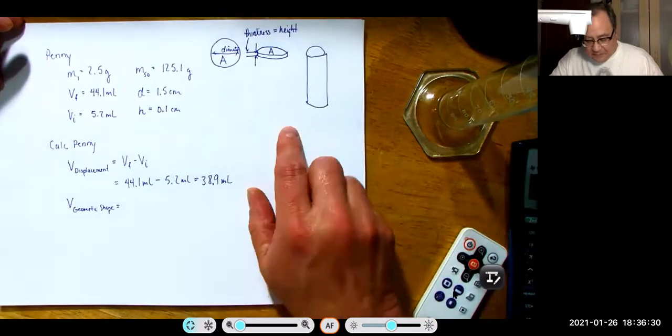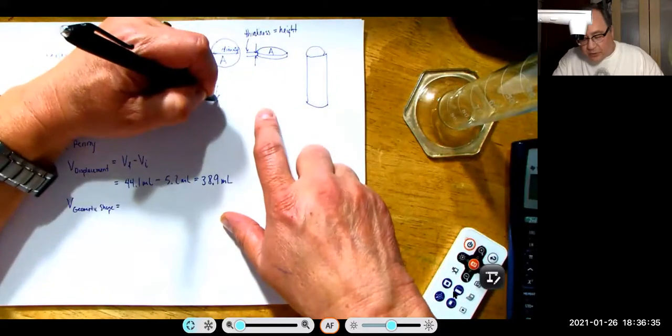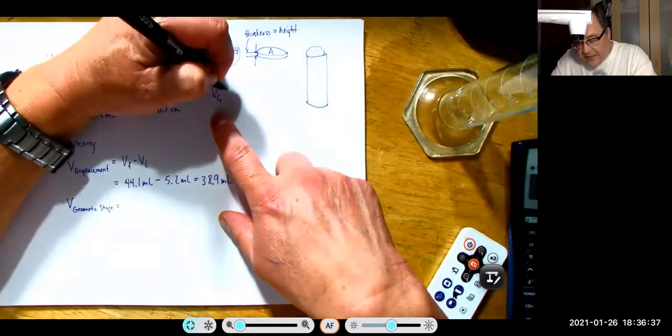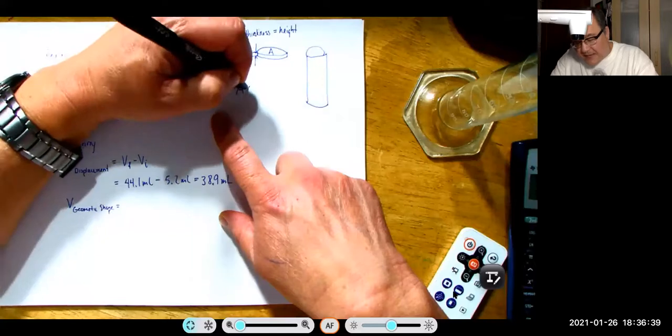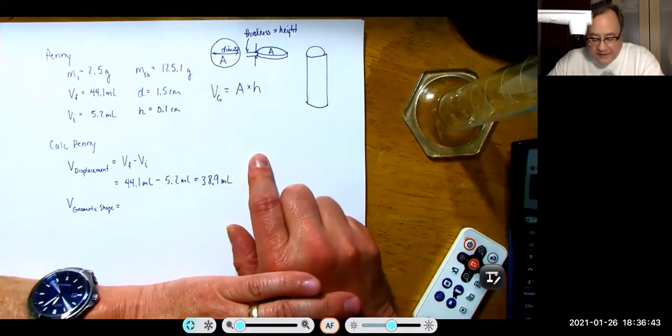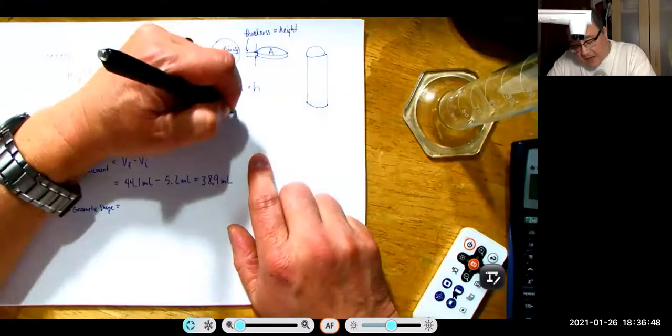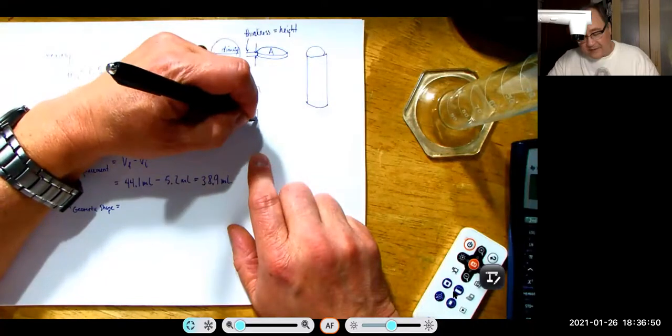All right, so to get the volume by geometry, you take the area and multiply it by the height. What is the area of a circle? It's pi r squared, height.